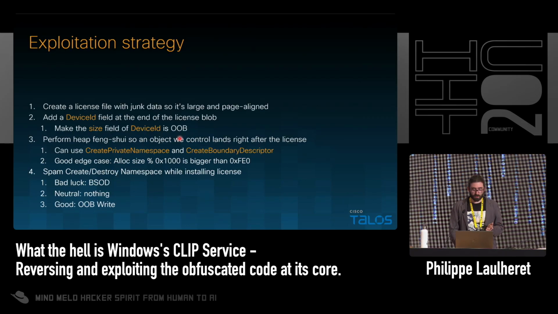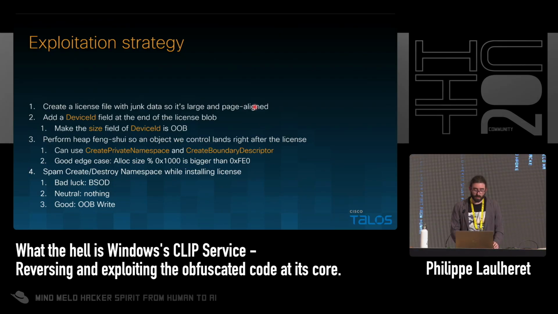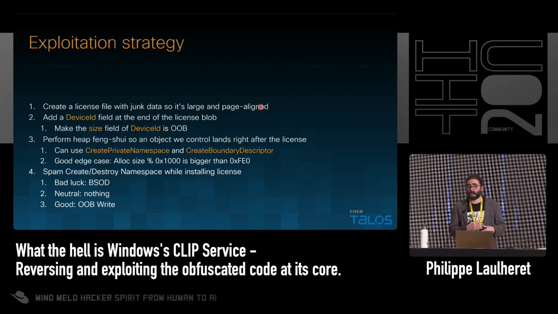The exploitation strategy for that is you create a big license file with a bunch of junk data so that it's nicely aligned. And then you make it so that your device ID field is right at the end of your license, so that the first 2 bytes of the device ID field will be out of bound. And then you do some fancy heap feng shui so that you can control what happens right after your license.